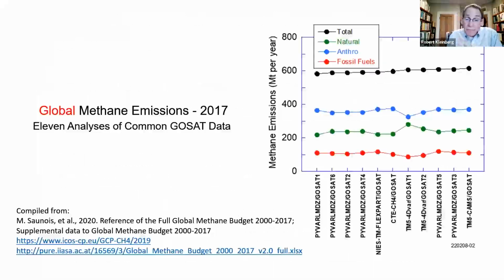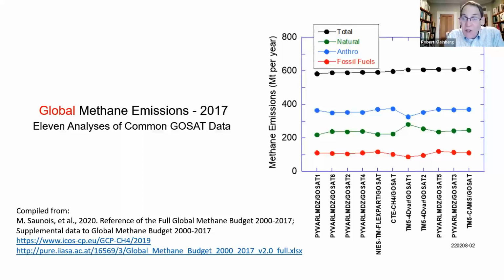Okay. So let's just have another look at the satellite data, just to follow up on what I've told you. The latest full Earth data is from TROPOMI, which is best for a wide range of conditions. That's been discussed in the literature. So here's, again, data from the paper by Sanois et al.